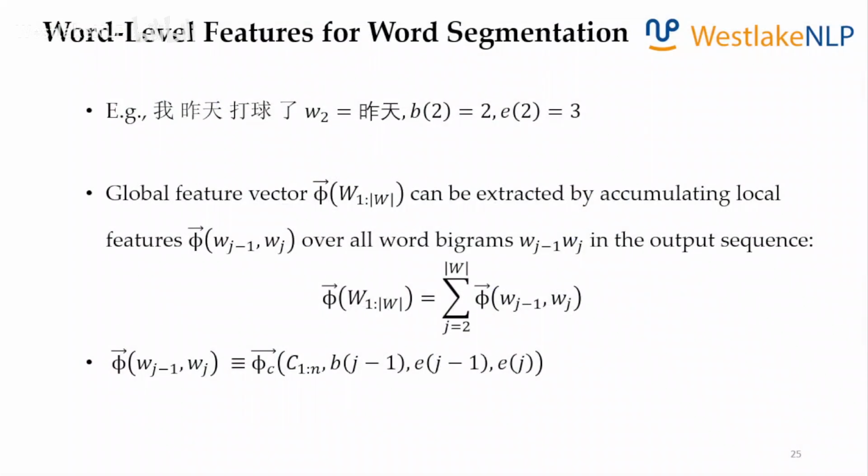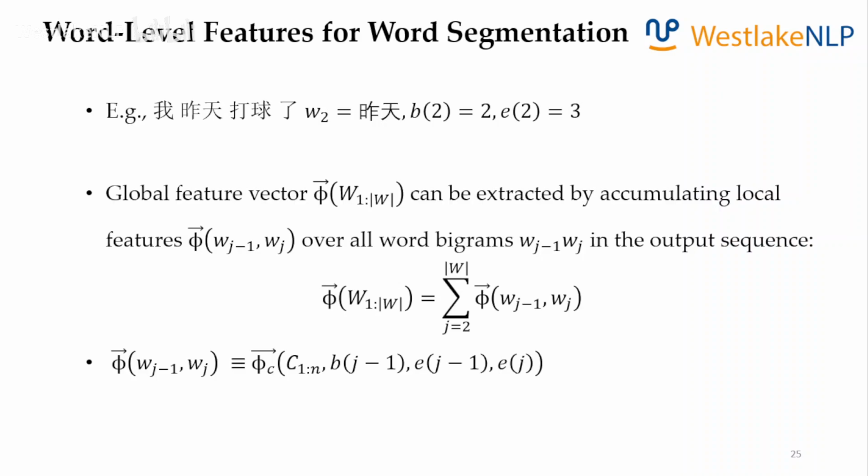So when we do that, we can denote local features as phi, w_{j-1} and w_j, okay? And the global feature vector will be the accumulation of local feature vectors as shown in the second last equation.